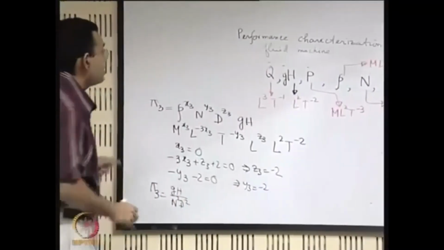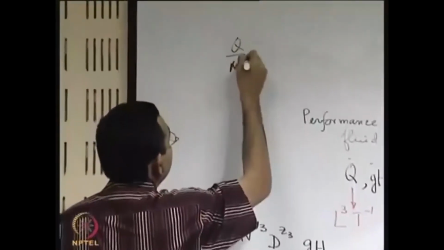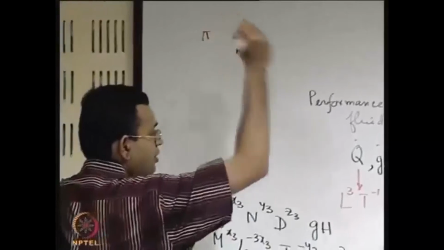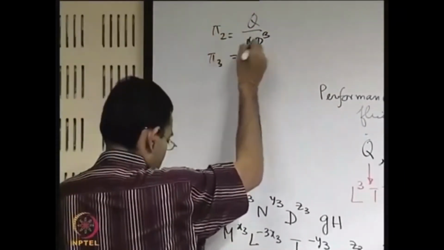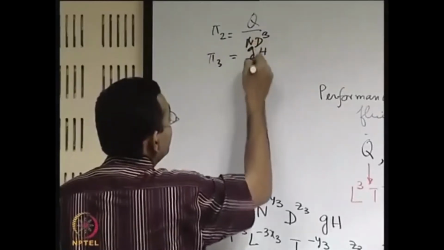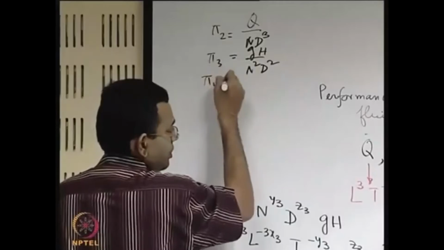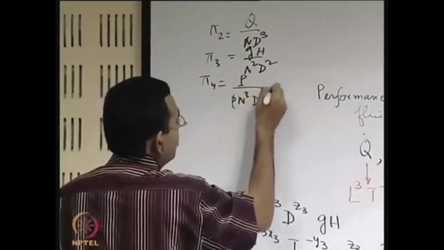What it means is that you have Q by N D cube, that is one parameter. So, let us just write those again: pi 2, pi 3 as gH by N square D square, and pi 4 as P by rho N cube D to the power 5.